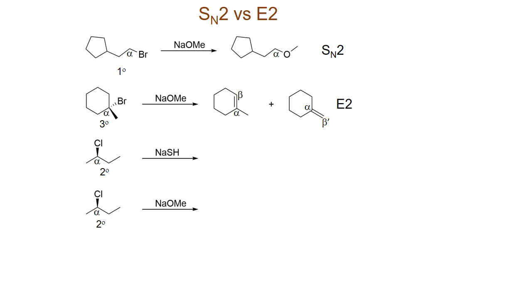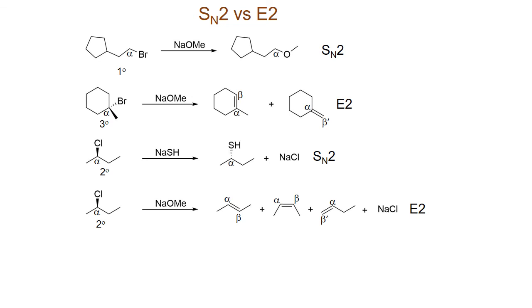Now, sodium thiolate is a strong nucleophile but a weak base. Sodium methoxide, on the other hand, is a strong base as well as a strong nucleophile. So the result from this reaction is the first of these two would undergo an SN2 kind of reaction, resulting in the formation of the thiol product.